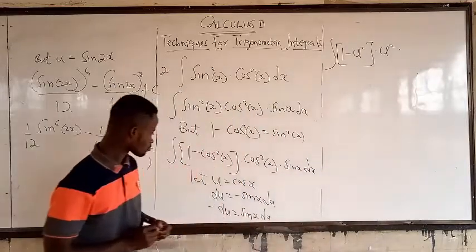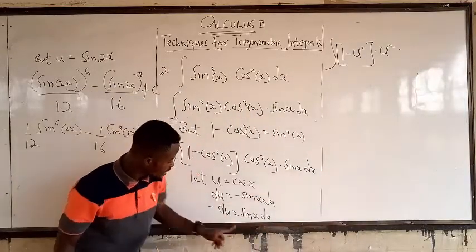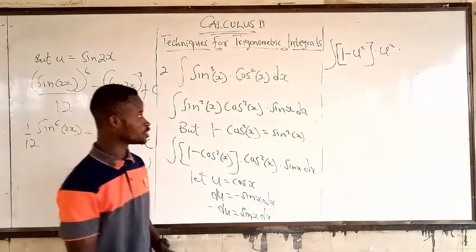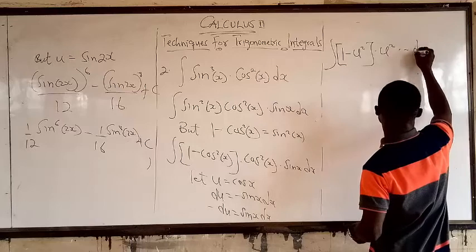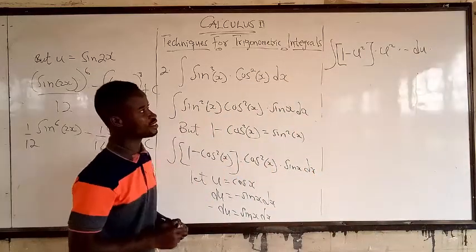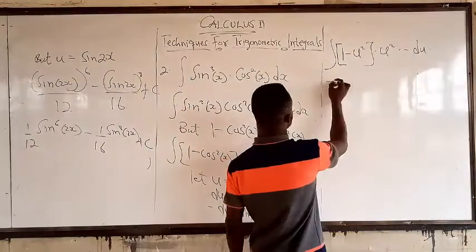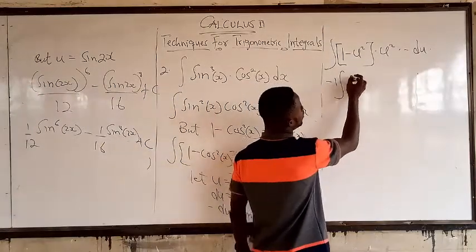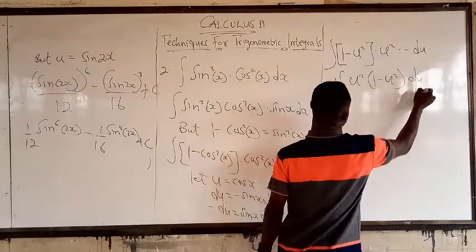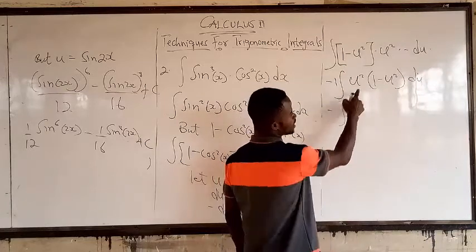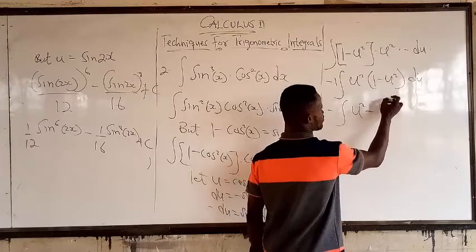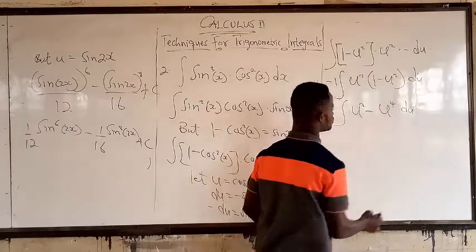Now, the whole of this one here is negative what? du. So, by substitution, then we get negative du. Very good. So, what will be the constant in there? The constant in there is going to be negative integral of u squared times 1 minus u squared du. So, this and this, u squared minus this and this, u raised to the power 4 du.